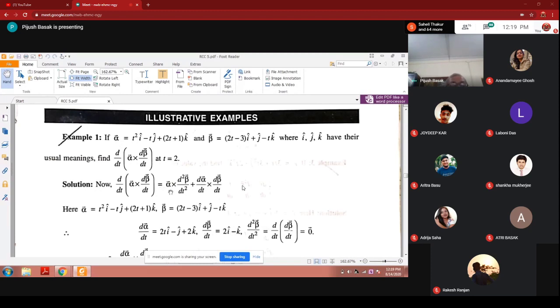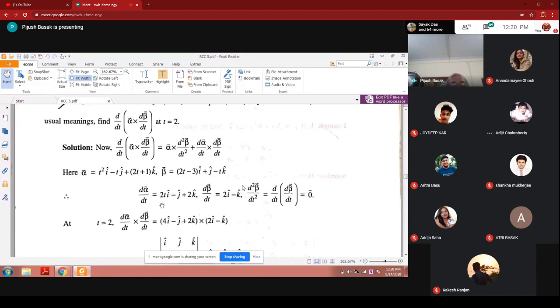Alpha is given, beta is given, so find out the corresponding things.